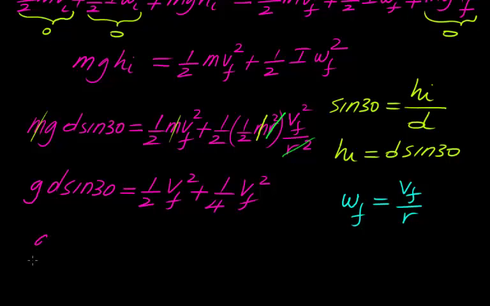Simplify it even further. gd sine 30 equals, the common denominator between the half and the quarter is 4. Therefore, the sum of the half v final squared plus 1/4 v final squared is 3/4 v final squared.